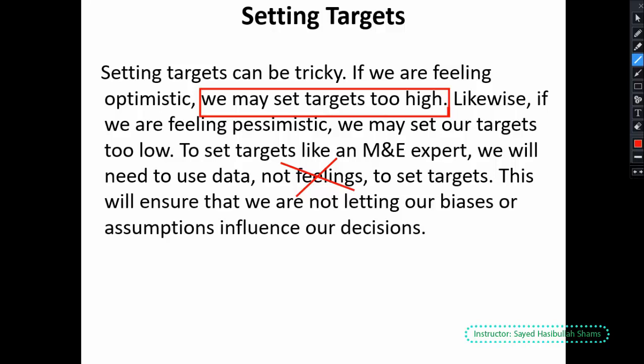If we set a target through feeling, that will be biased and an assumption, and it will not be a realistic target that we can achieve. So through target setting we will use data, not feeling.